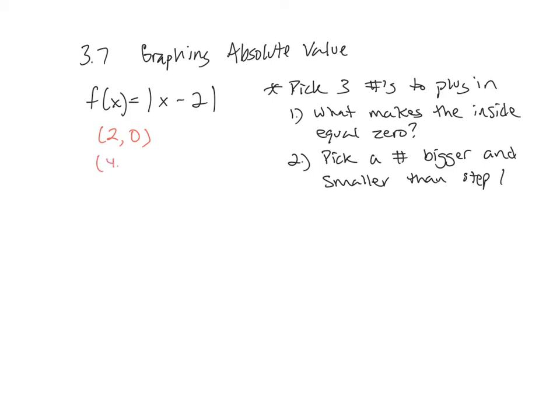Then I need to pick a number bigger than 2 and a number smaller than 2. If I pick 4 and I put it where the x is, 4 minus 2 is 2. And if I pick 0, 0 minus 2 is negative 2. And then I can graph that. So (2, 0), (4, 2), and... oh, I messed up on this one.